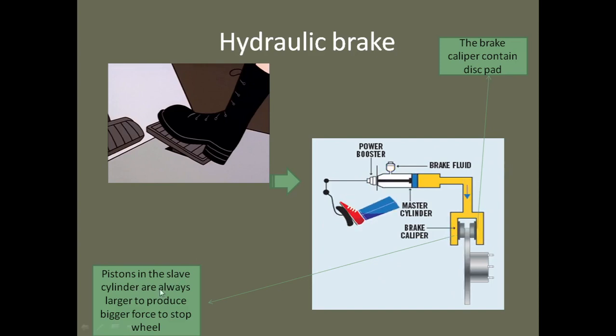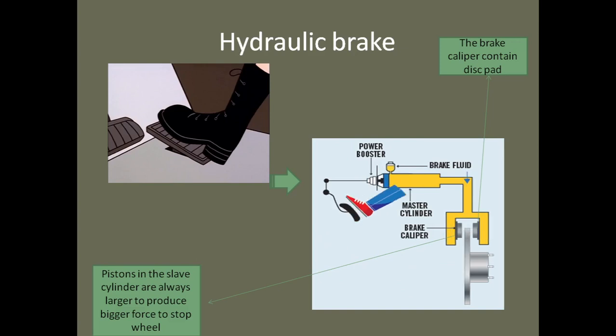Pistons in the slave cylinders are always larger to produce bigger force. So the pistons here will be bigger than the piston on this side, so that the force here can be multiplied. If you're driving a car and you apply a small force, the force is multiplied by the bigger pistons on the slave cylinder on this side, magnified to stop the wheel from rotating.